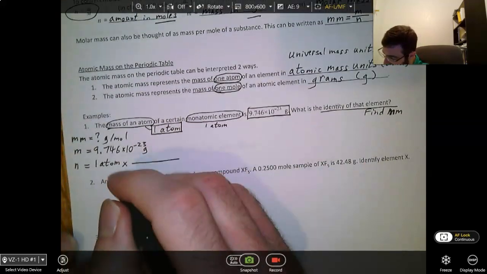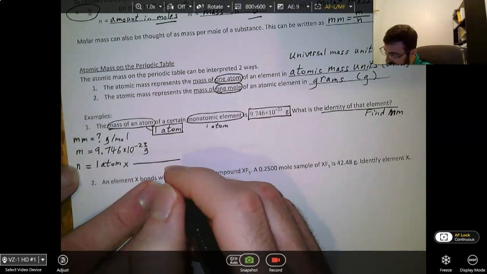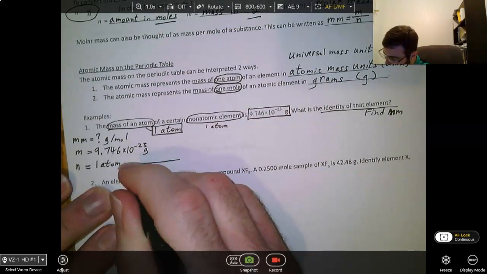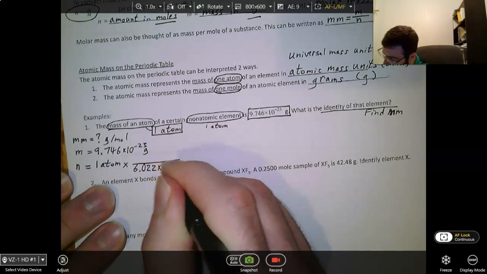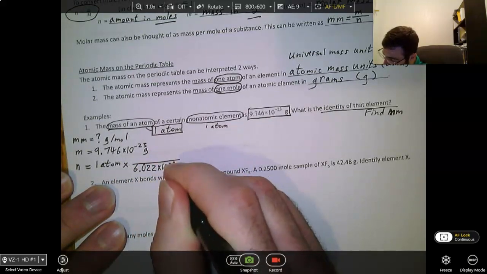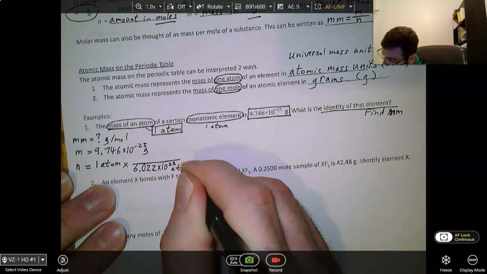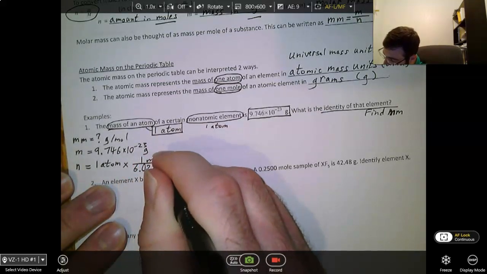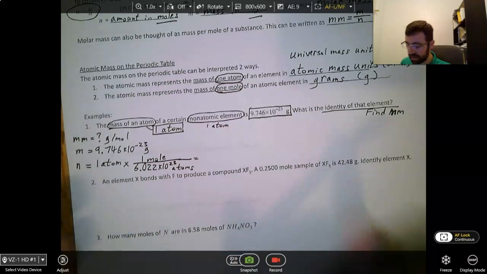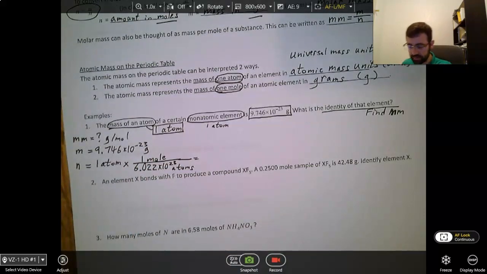So I'm going to put atoms on the bottom because atom is a form of particle: 6.022 times 10 to the 23rd atoms equals 1 mole. So I can multiply by 1 and divide by Avogadro's number to find it.